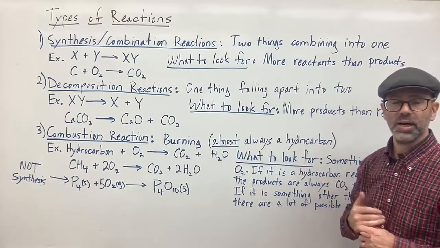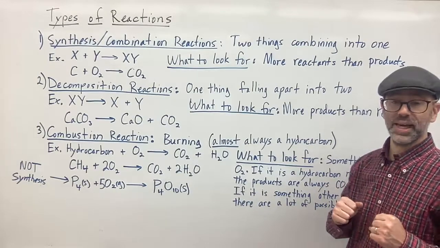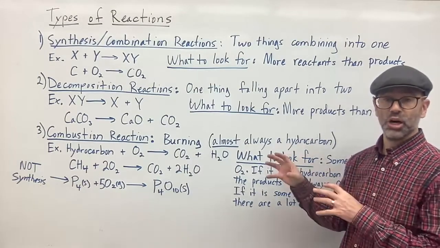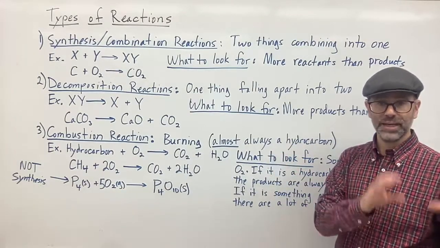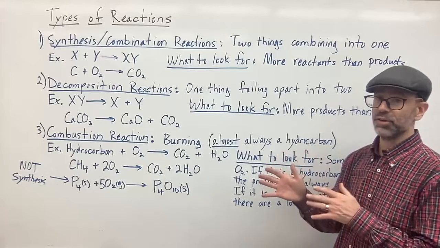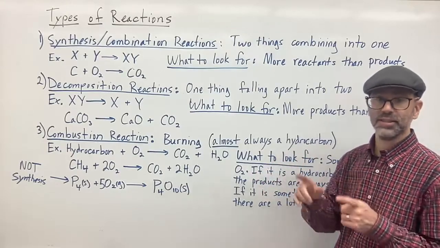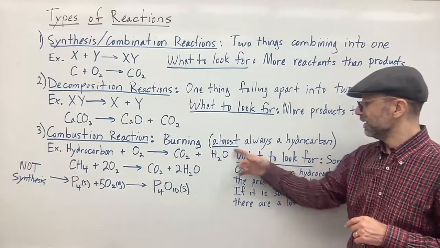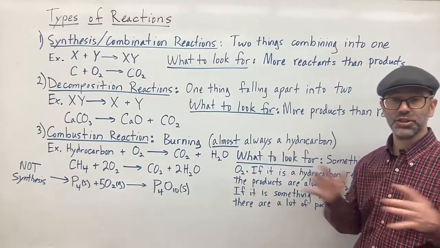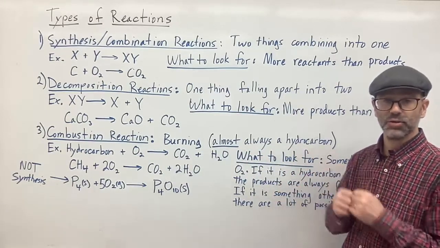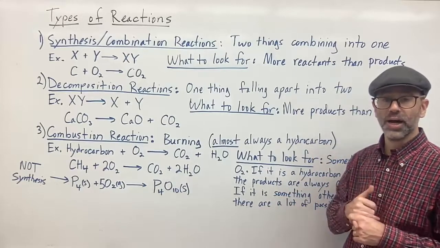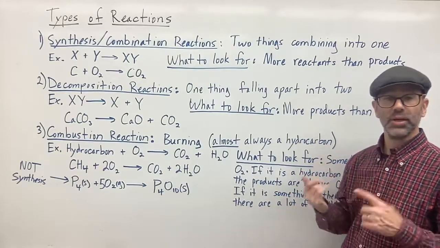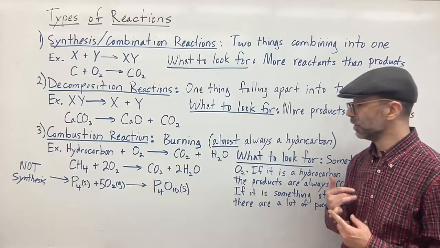What is a hydrocarbon? As the name indicates, hydro referring to hydrogen, carbon obviously referring to, you guessed it, carbon. A hydrocarbon is something that has hydrogen and carbon in it. It's that sort of compound. When you burn a hydrocarbon, you always get certain products from it.